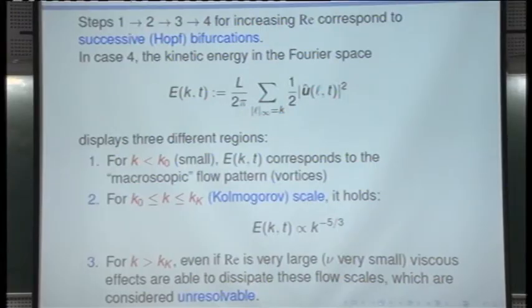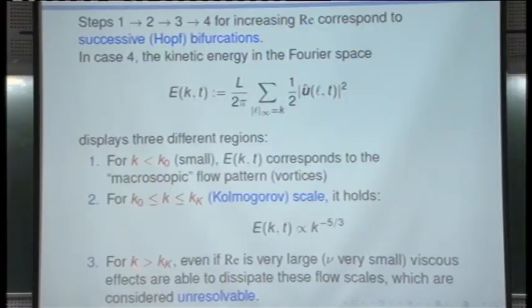So the wave number is 1 over length. So small wave numbers means large length scales. So for large length scales, the flow is driven by the body forces and the boundary conditions. For large length scales, which means very small wave numbers.